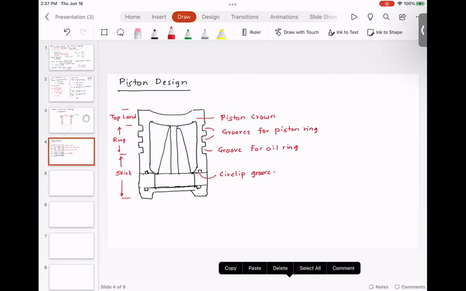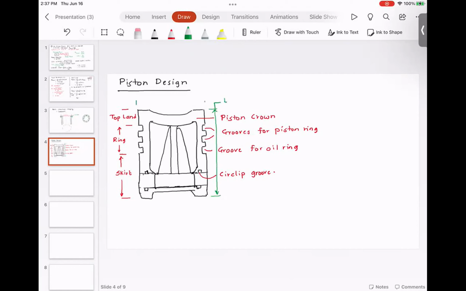This is the total length of the piston. This is the thickness of the piston.